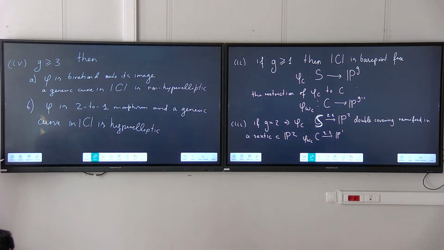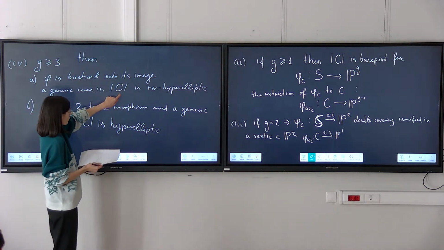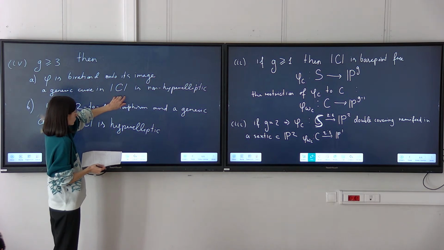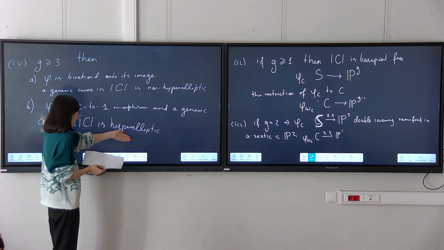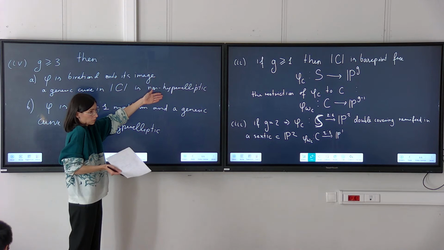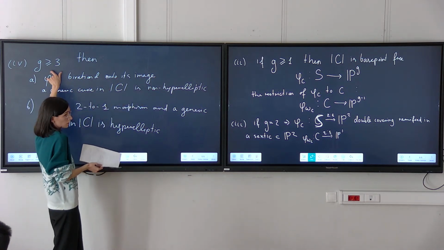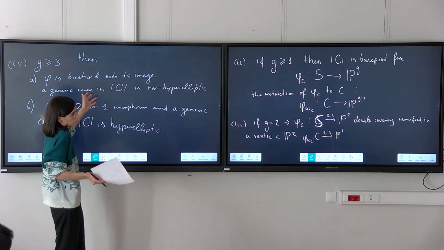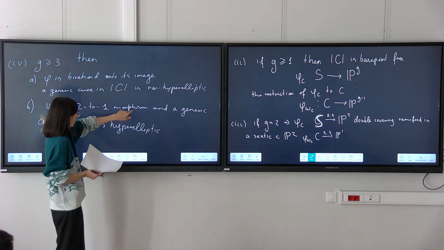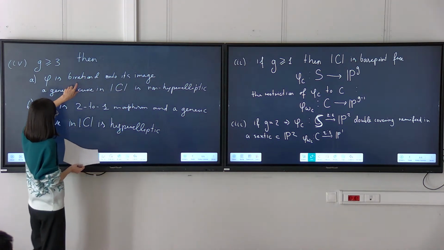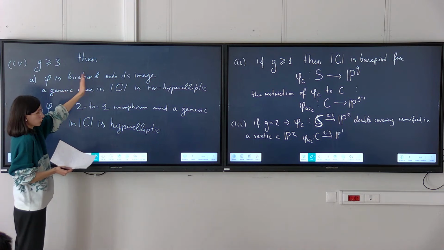Okay? Is it two statements or two possibilities? Yeah, two possibilities. If a general curve is non-hyperelliptic, so we always have hyperelliptic or non-hyperelliptic curves for G greater than or equal to 3. There are just two cases. Okay, and if it's not hyperelliptic, then we have a rational morphism onto its image.